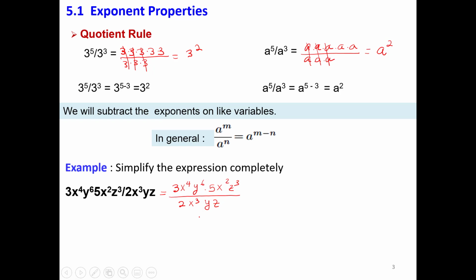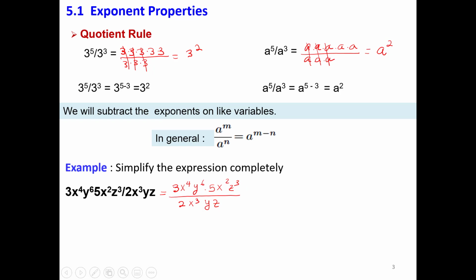Now we want to solve this problem. What we can do is apply the quotient rule, and we can also apply the product rule, only if we have the same base. If we have a quotient, what we check first is whether we can simplify the numerator or the denominator first, and then we will simplify the quotient.